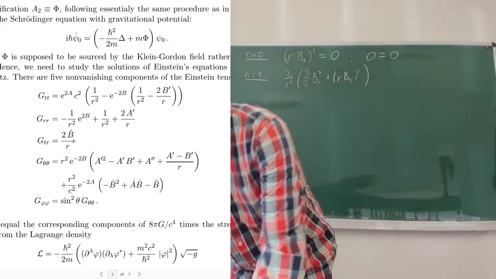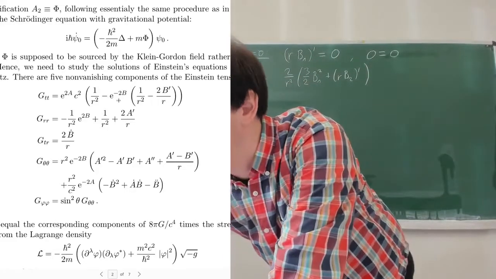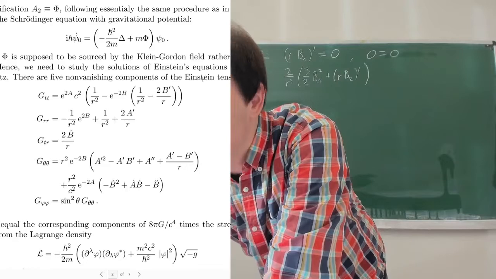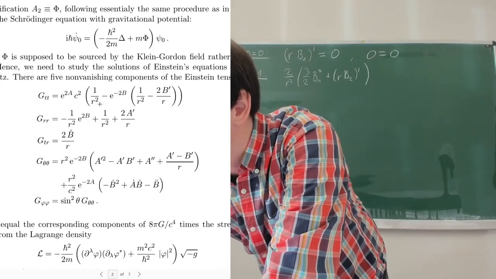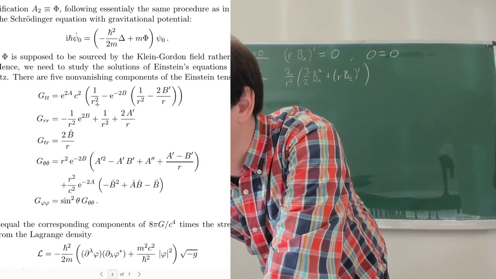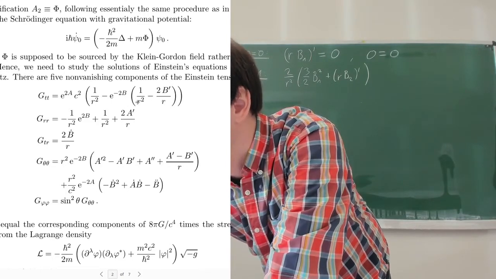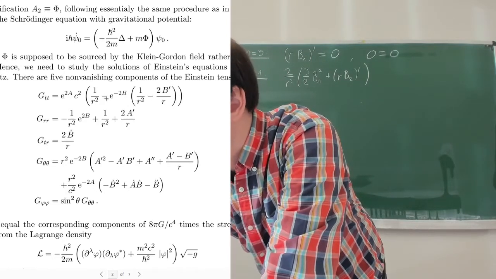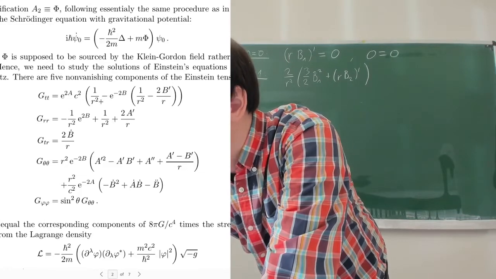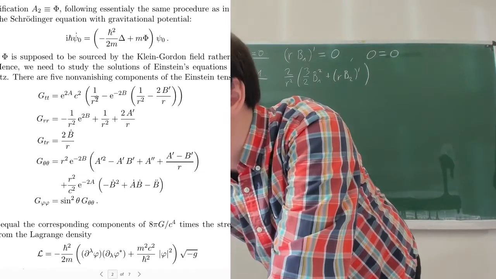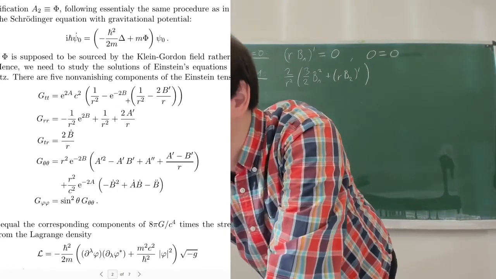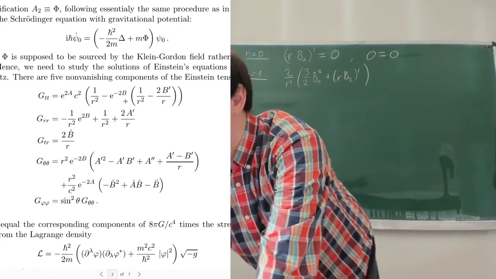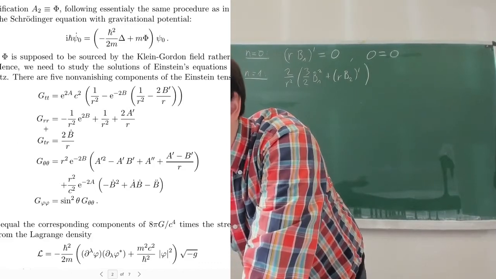And again, you can roughly guess the structure. So you see that the 1 over r squared obviously comes from the 1 over r squared appearing here and here, and that the b coefficients come out of this exponential. But you would need to insert the power series to see this in detail.